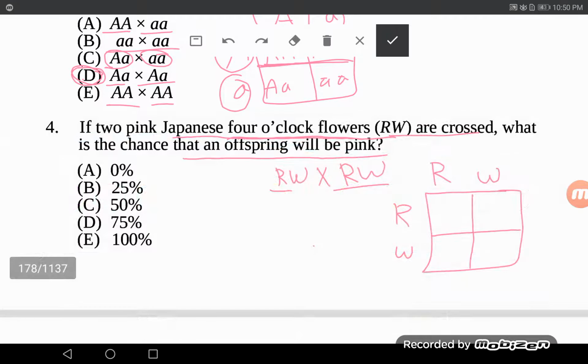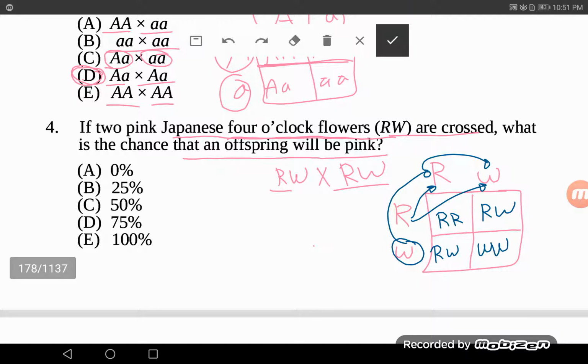So when we are doing the cross, we multiply this allele by these two, so it will be R capital, and this one will be RW. Now let us cross the second allele by these two alleles. It will be RW and WW. So these are the genotypes that we have for the offspring.